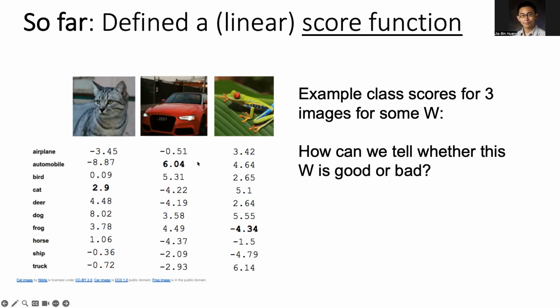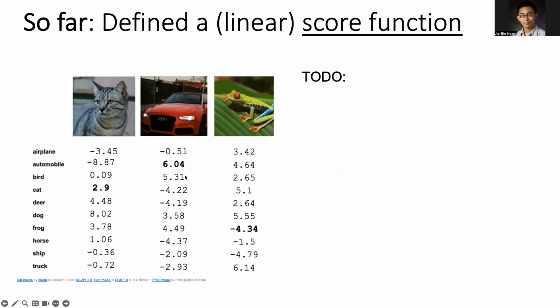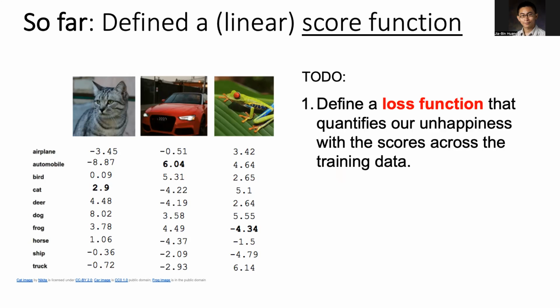For example, this one is 6, already correctly classified, and this 2.9 is also classified well. But some other things are not doing well. So how do I do this? Basically, we need a loss function. If I give you a different W, it will give me a different number telling me how good or bad this W, this parameter, is.